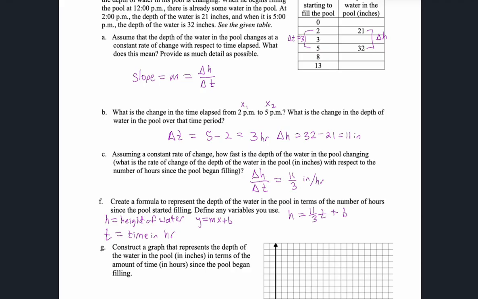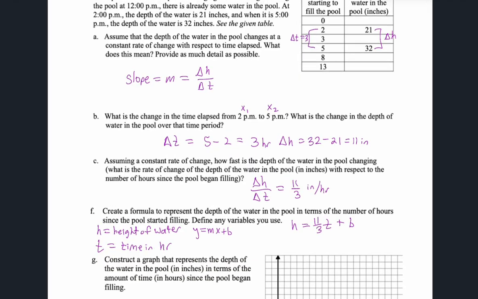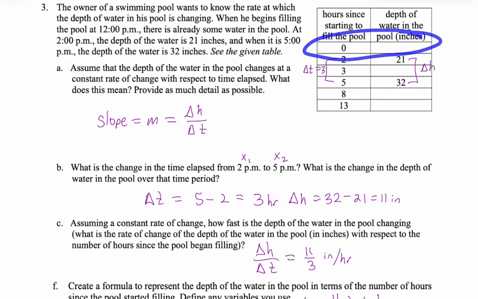And then we are going to fill in the chart at the top of the page, and then we are going to get that b value because they didn't tell us, but up in the chart, that is that value right there. Okay, so we're getting there. Okay, so every hour it goes up by 11/3.